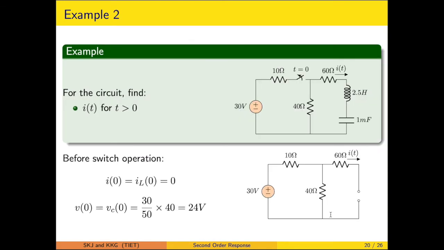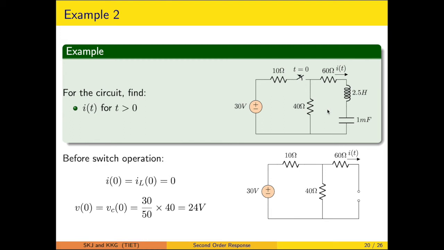Now let us rework here, and the intention is to find the current expression i(t) for t greater than 0. When the switch is operated at time t equals 0, it results in a source-free response arrangement.